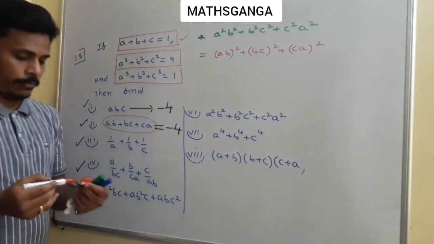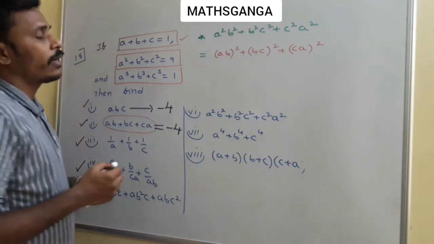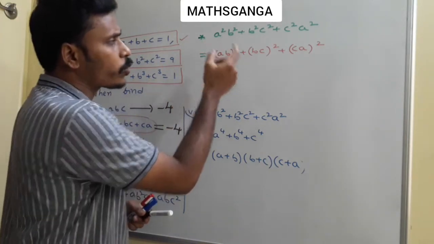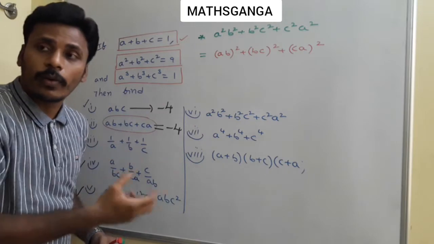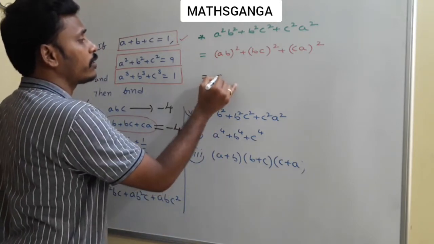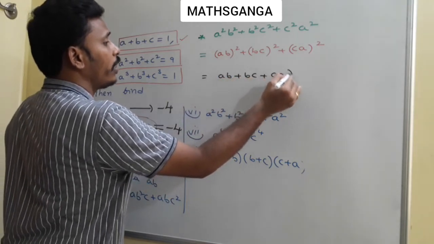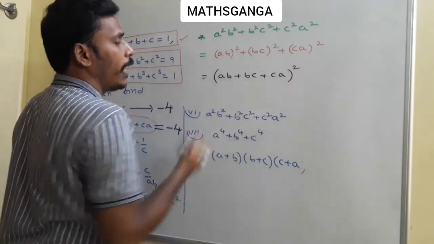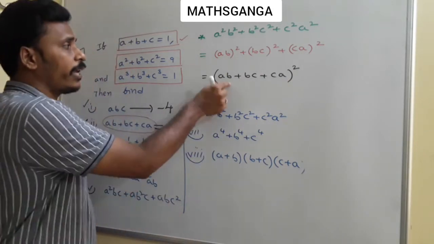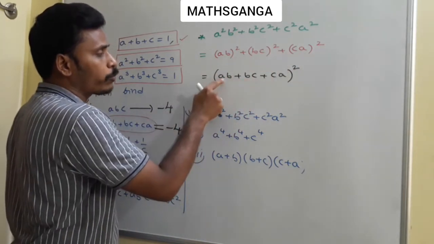Is it right? ab whole square plus bc whole square plus ca whole square. Think about it: they are looking like x square plus y square plus z square, just as a square plus b square plus c square is part of a plus b plus c whole square. So consider ab plus bc plus ca whole square, which is ab square plus bc square plus ca square plus 2 times the products x into y.